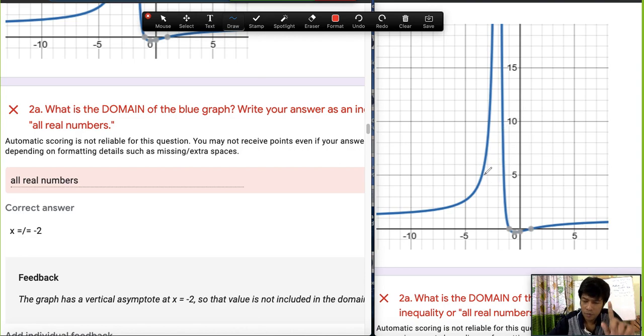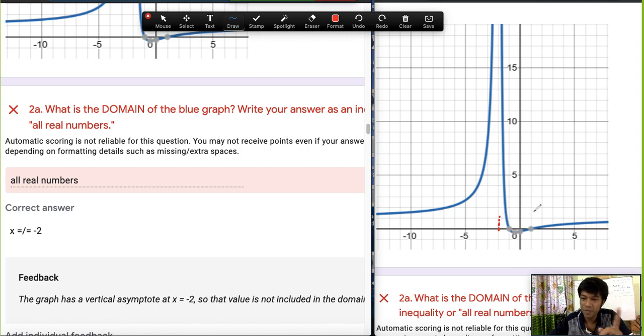Actually, this graph is somewhat similar to the graph that we discussed earlier. We said that when the graph is coming closer and closer, there must be some asymptote here, and as you can see, there is a vertical asymptote at minus 2.